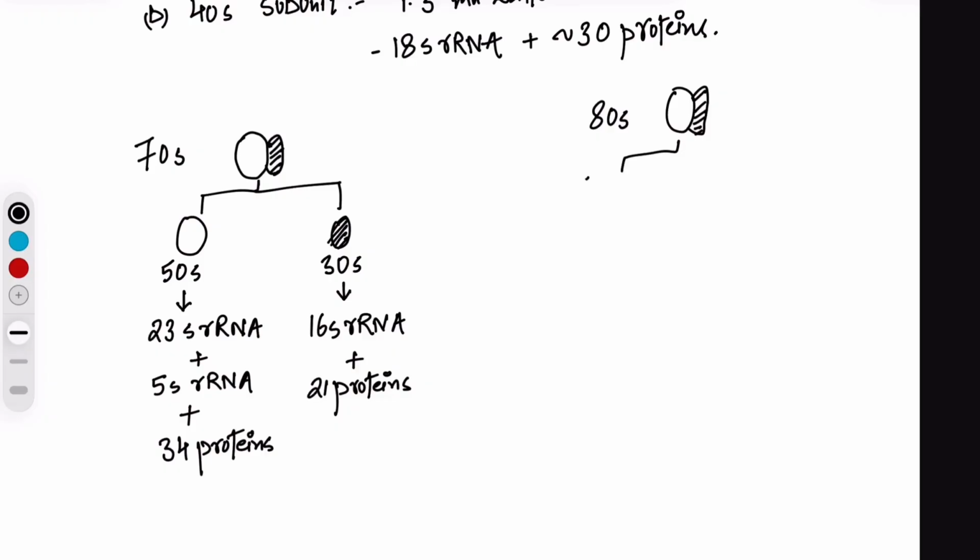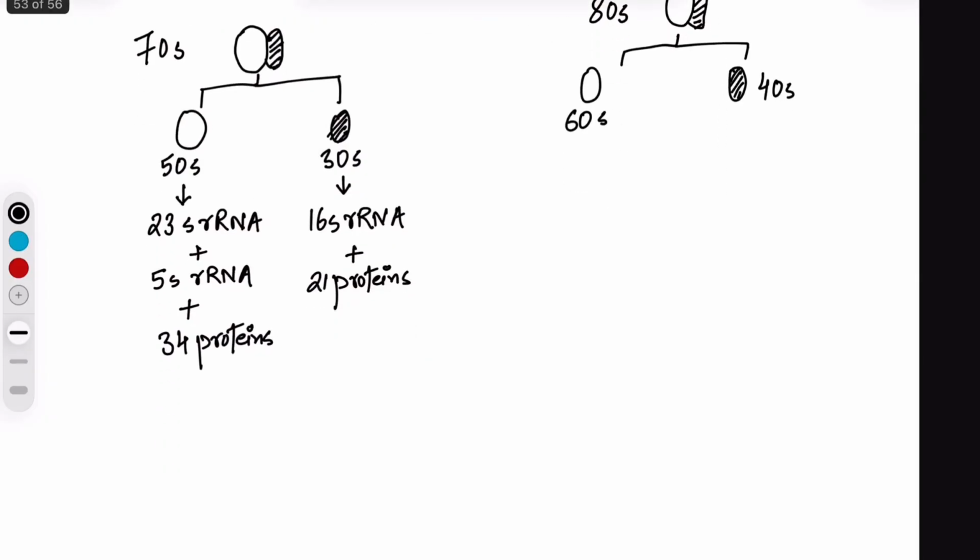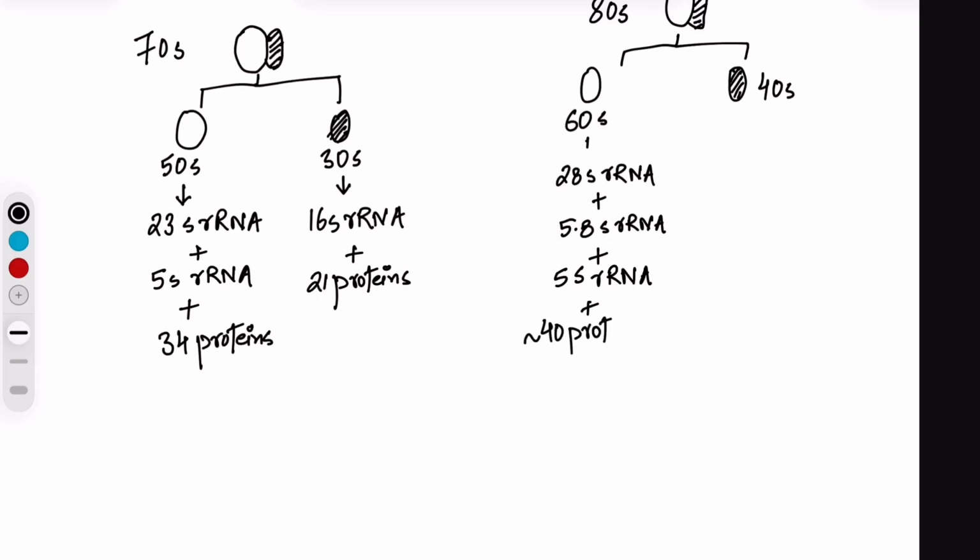Similarly, in eukaryotes, the 80S ribosome is made up of the 60S subunit and the 40S smaller subunit. The 60S is made up of 28S rRNA, 5.8S rRNA and 5S rRNA in addition to 40 proteins. Also, the 40S is made up of 18S rRNA in addition to 30 proteins.